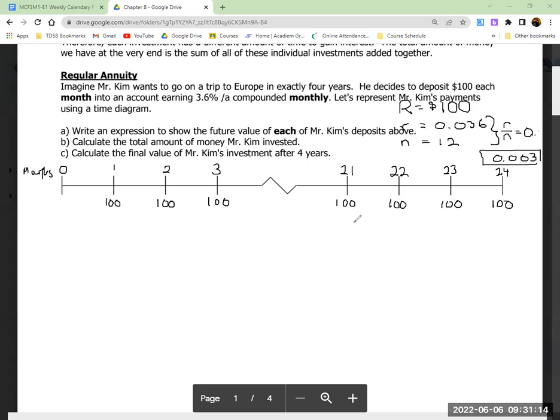Here's where it might get a little messy. So if you have a ruler, by all means, use it. I am putting in $100 every month, right? All right, I'm going to work backwards. Trick question. Okay, don't think too hard about it. If I put in $100 in the 24th month, how much interest did I earn on this $100?